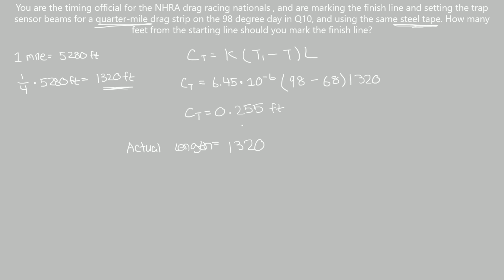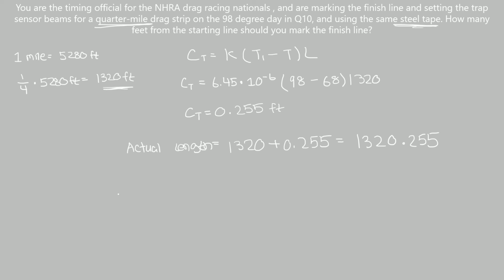But we don't want to add this, right? Because if we add it, that'll give us 1320.255. So if we measured out 1320, we'll actually have 1320.255, and that's too much.